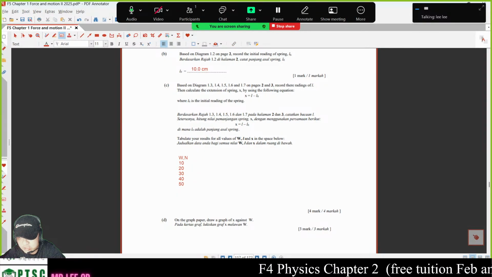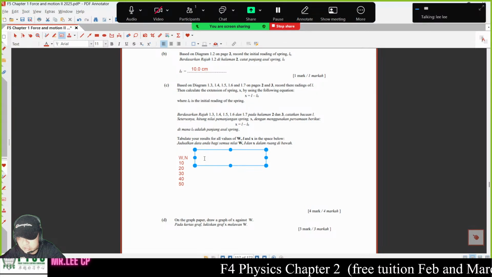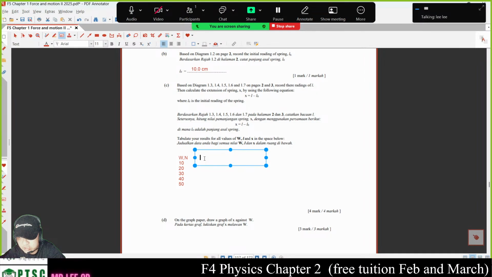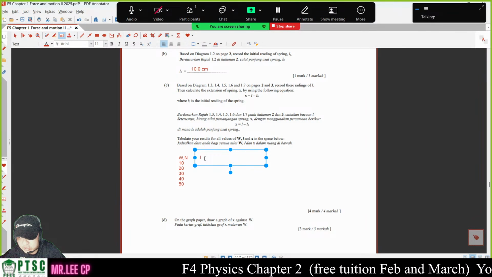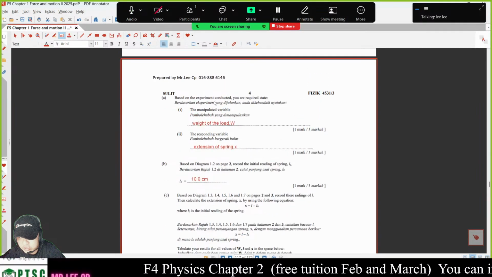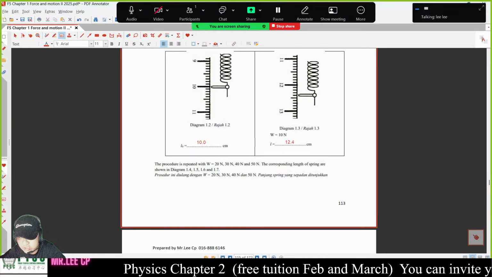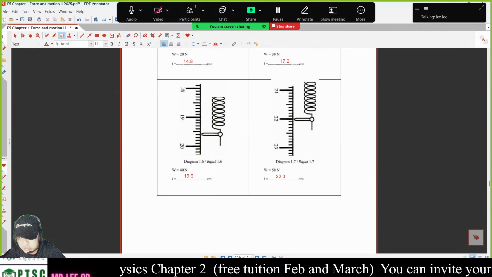Now, the second thing is, after this they ask you for W, L, and then X. So L is 12.4, 14.8.